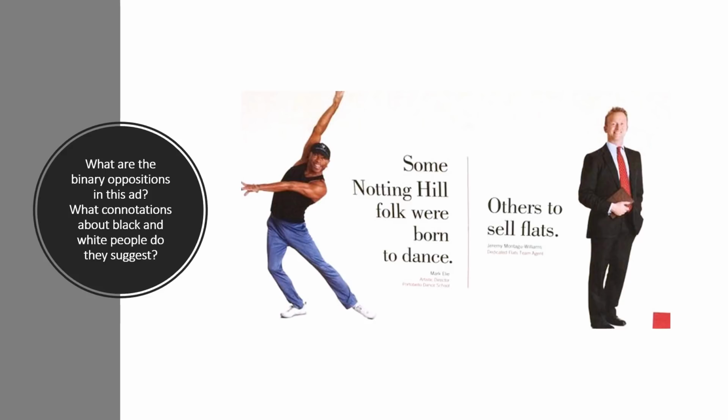And then from that, let's have a think about the ways in which the two people here are represented, the connotations that are attached to them, and why this ad might have been considered extremely offensive and extremely racist.